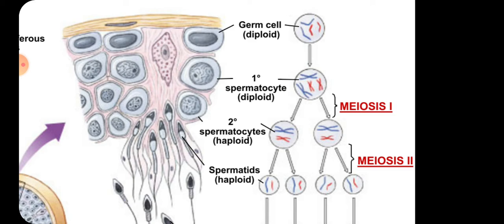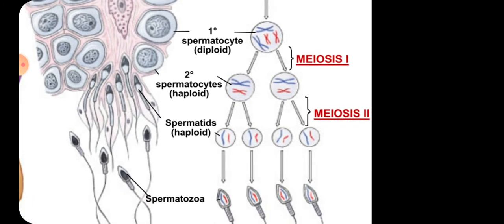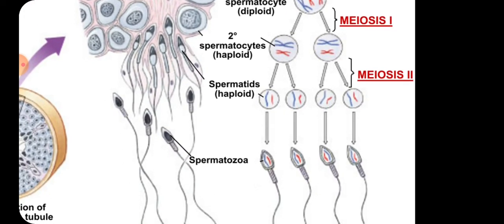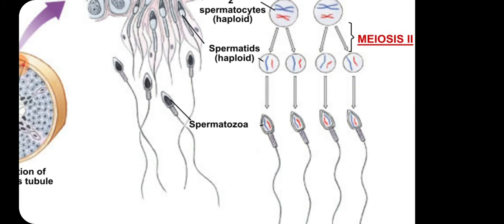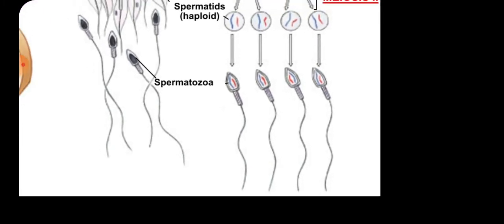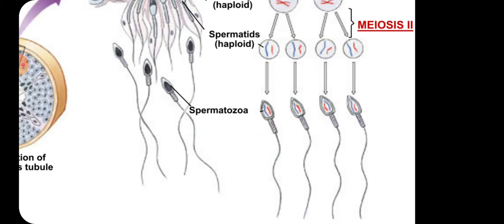From the first spermatocyte to the second spermatocyte, meiosis 1 takes place, and from the diploid position the cells become haploid. Then meiosis 2 takes place, and the haploid spermatocytes change to spermatids, and after a process called spermiogenesis, spermatids change into tailed sperms.